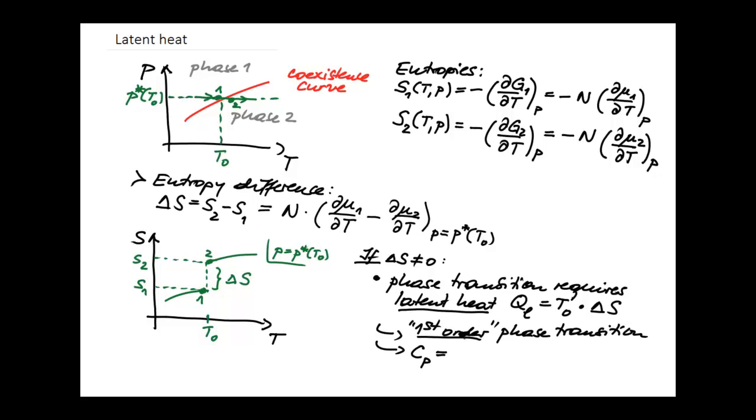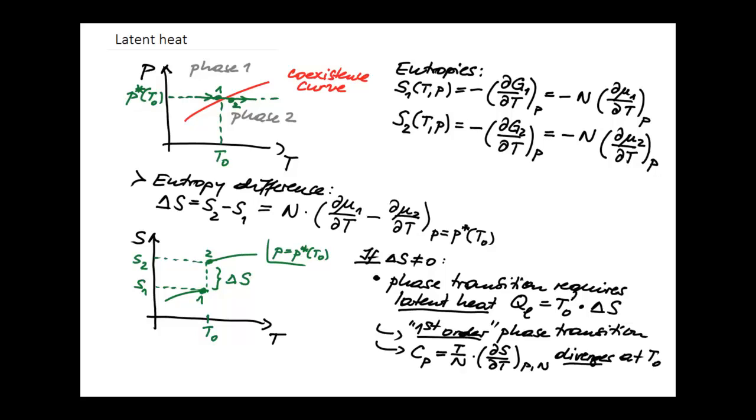Remember its definition: temperature over particle number times the partial of entropy with respect to temperature at fixed pressure and particle number. When the entropy as a function of temperature that you see in the left diagram makes a discrete step at T naught, then this derivative with respect to temperature diverges. So this diverges at the transition temperature T naught.